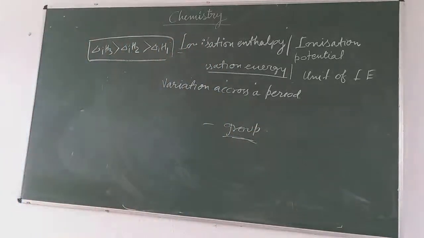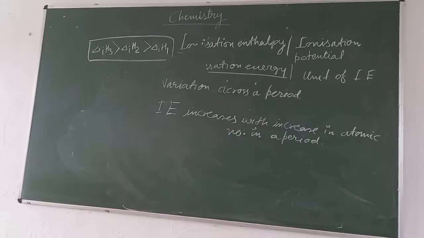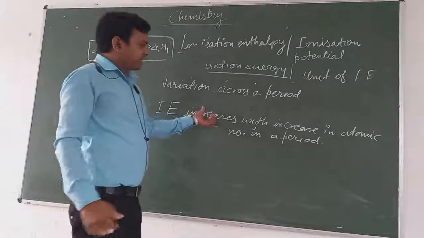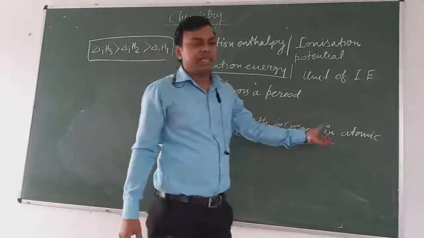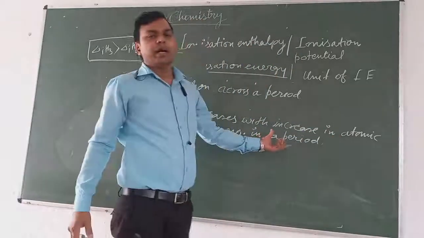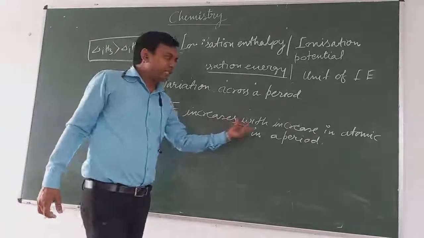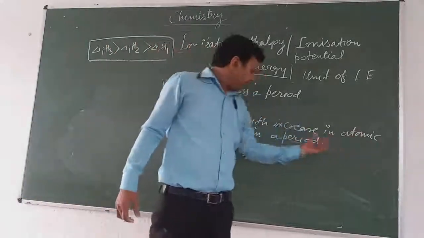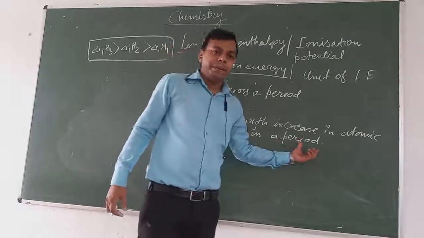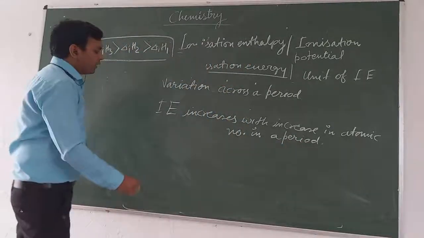Variation across a period. Ionization enthalpy increases with increase in atomic number in a period, but with a few exceptions.